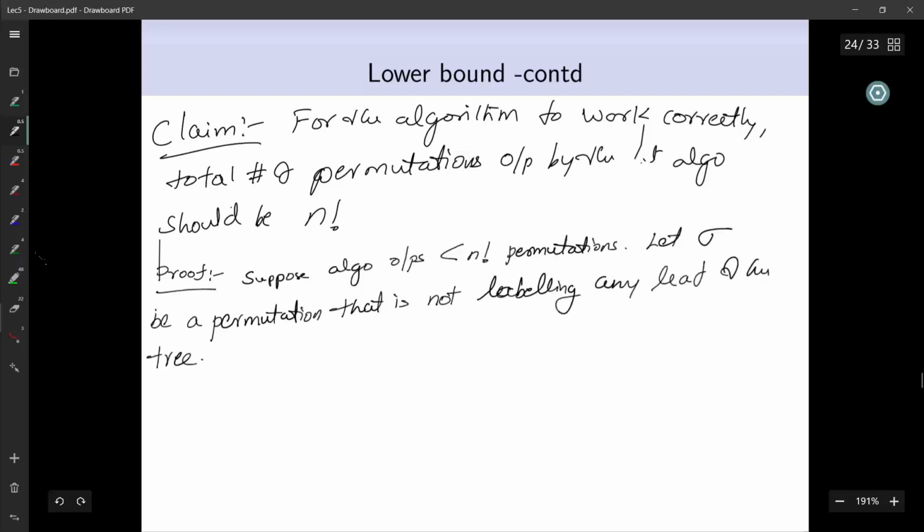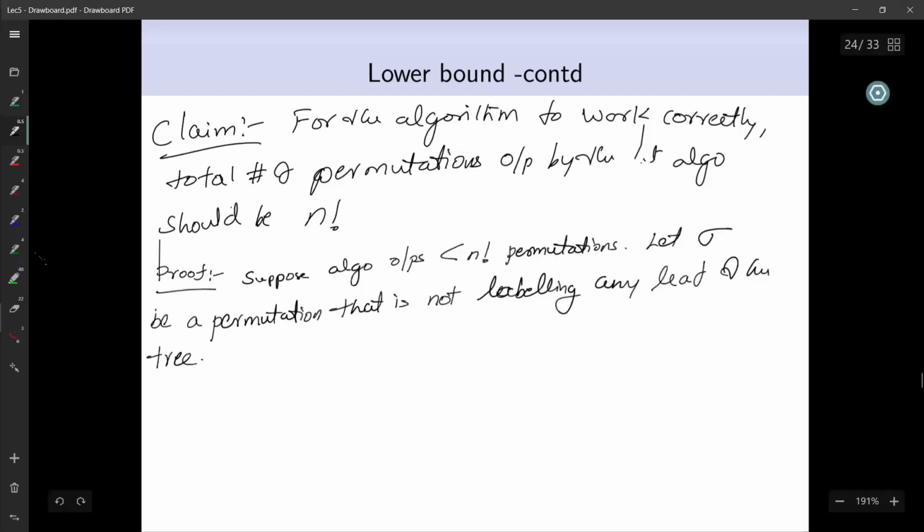See, given any permutation, I can always construct an array such that the output permutation, that is the sorted array, corresponds to this permutation. Pause for a moment and convince yourself that this is possible. All you do is apply the inverse of this permutation to the sorted array, and you immediately get the array. So for any permutation you can construct an array.